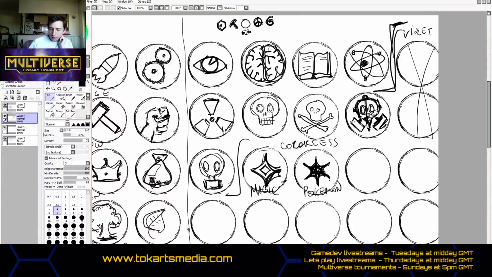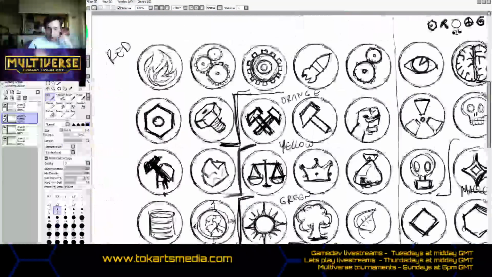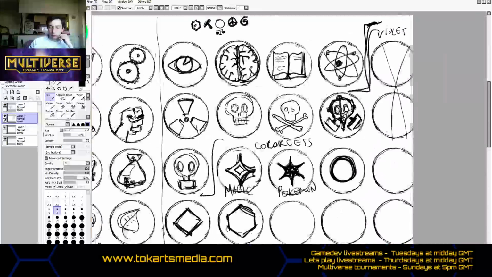We could either have a circle here that's gray, which is the worst thing ever, or maybe a diamond shape, maybe a hexagon. Although if we're going to use this symbol for red, the hexagon won't look that great.